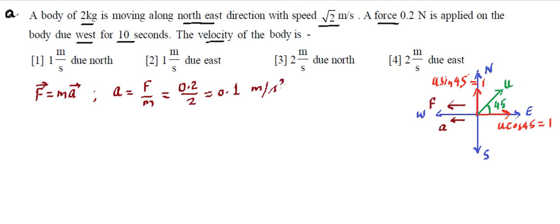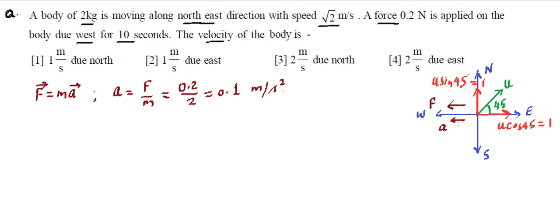This is going to be the acceleration of the body. However, this a is opposite to the direction of the initial velocity's east component, so this will not be acceleration, rather it will be deceleration or retardation.